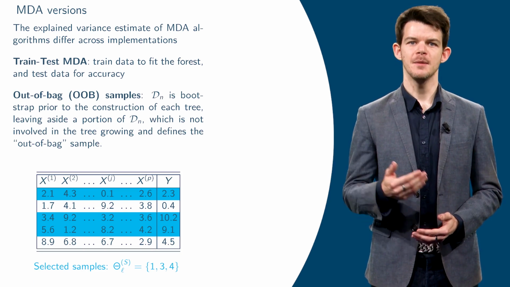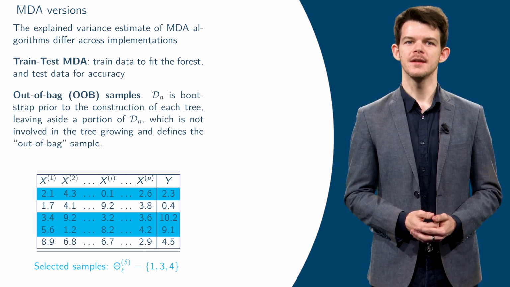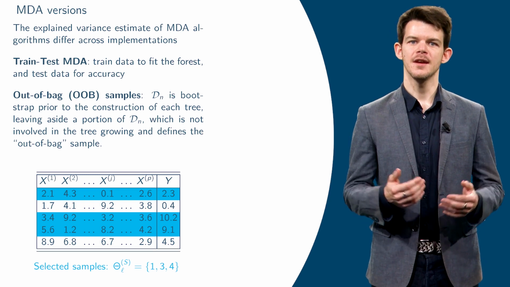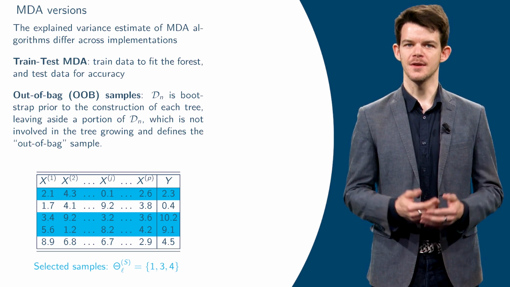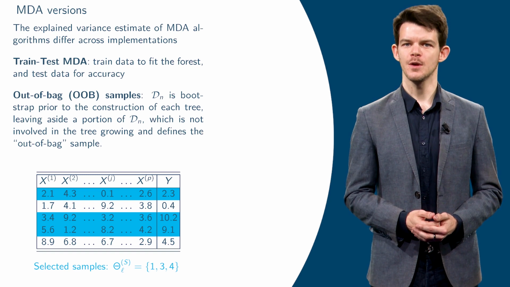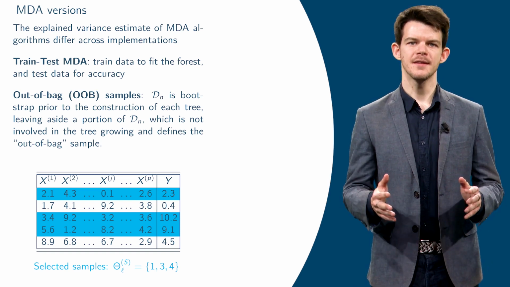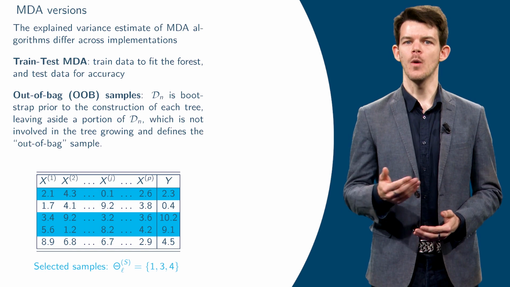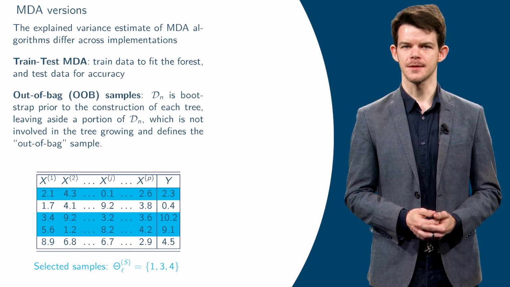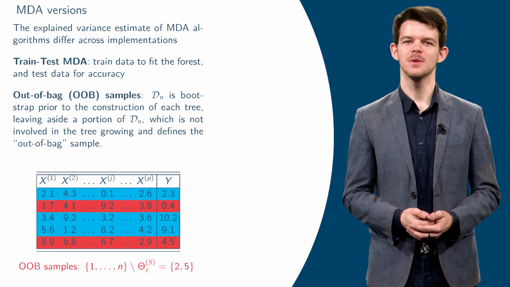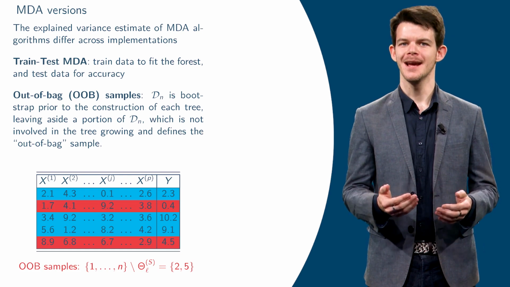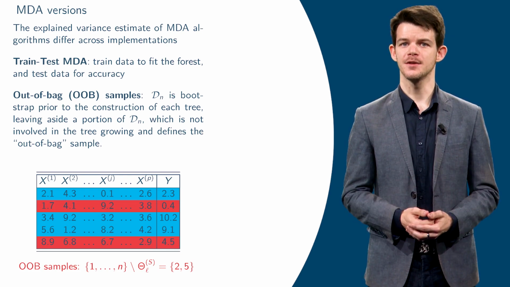For this, the MDA of each tree is calculated as follows. Consider the dataset composed of the 5 observations presented here and consider the first tree of the forest. Let's imagine that this tree is built from data 1, 3 and 4 of the initial set. This means that data 2 and 5 are not used to build the tree and can therefore be used as a test set for this tree.